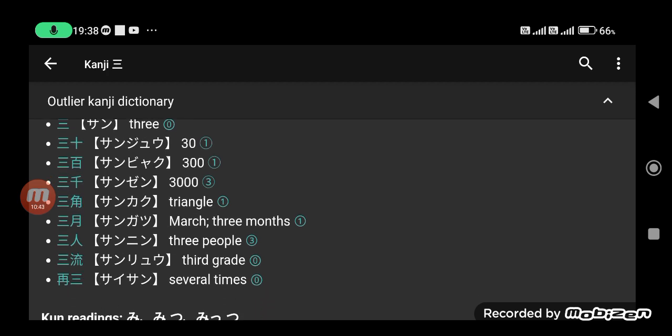So, san or mitsu, it's a way of counting. Say sanfun 3 minutes, sanbyaku 300, sanju 30, and that's the cardinal way of counting. Let's say you want to quantify some things, but we all know that other than the cardinal way of counting, there's an ordinal way.